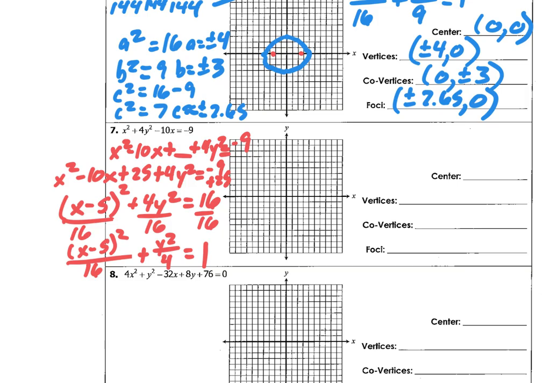Okay, is this going to be longer vertically or horizontally? Horizontal. Okay, bigger number underneath the x, so we know this is horizontal. My center, we have a number attached to the x but nothing to the y, so this is going to be positive 5, 0.